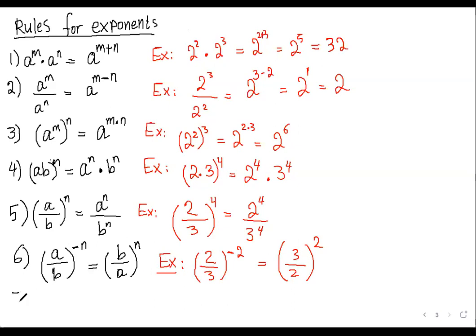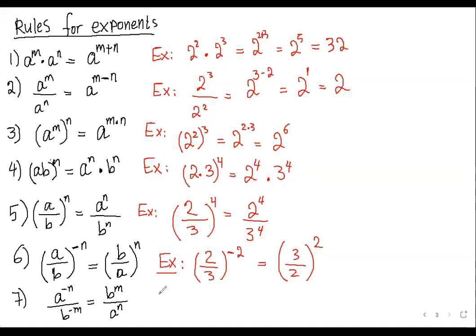Last one, 7. If I have something like a to the power minus n over b to the power minus m, what is it equal to? I flip: b to the power m over a to the power n. Okay.